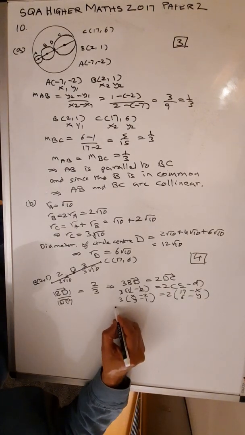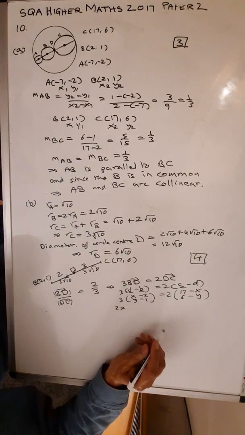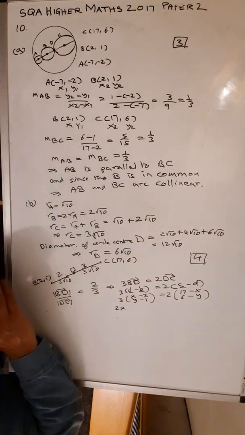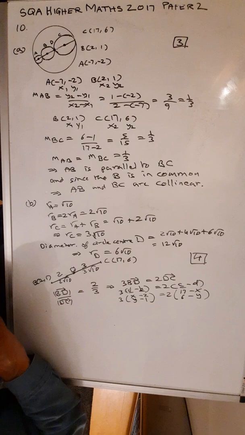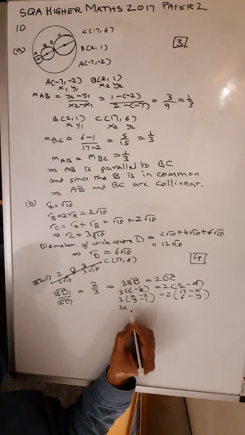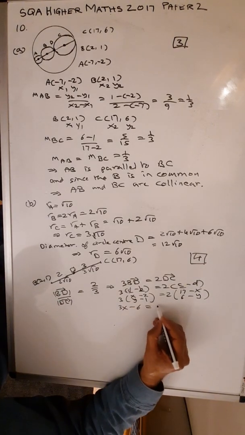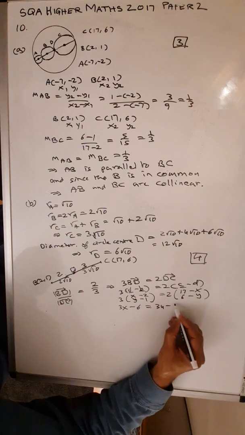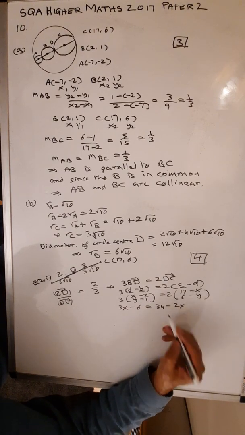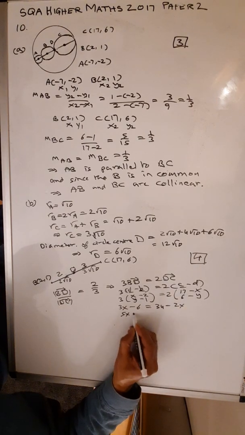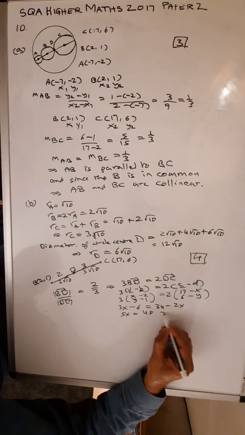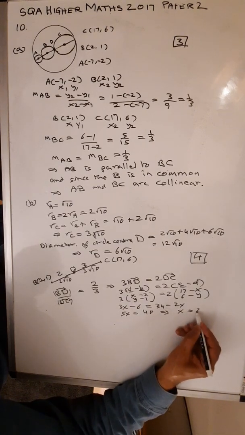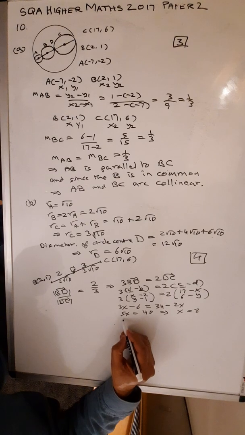That means that 3x minus 6 is equal to 34 minus 2x. You bring the 2x to the side, so you end up with 5x is 40, which means that x is 8.